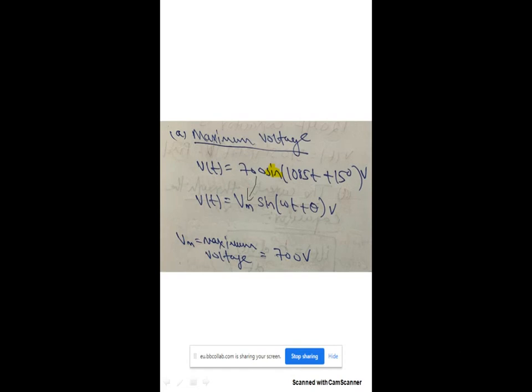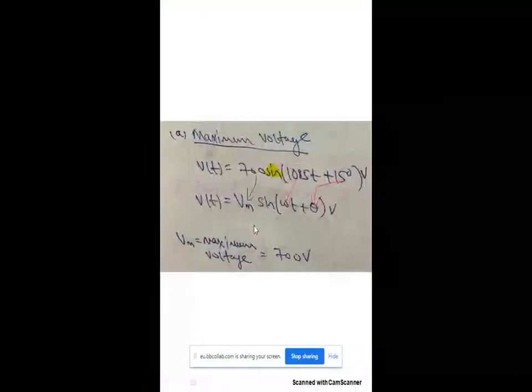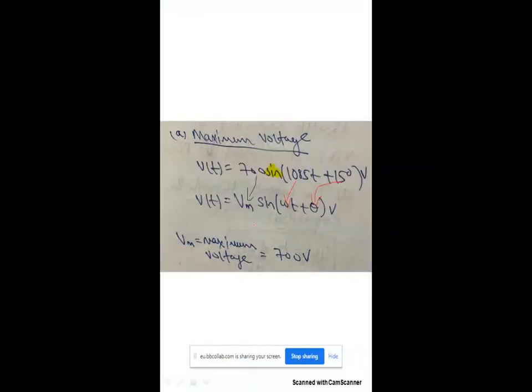From this you got maximum voltage equal to 700, and omega from here you got as 1085 t, and then you got 15 degrees. This is your phase shift. All these values are given. Now from this, what is the value of maximum voltage? It is 700. Vm is equal to 700. We got this answer. So Vm is 700.